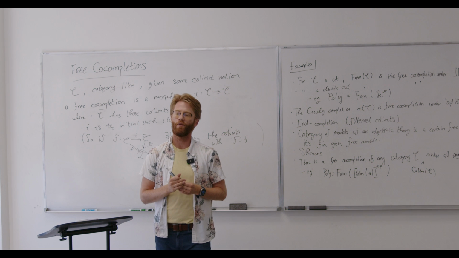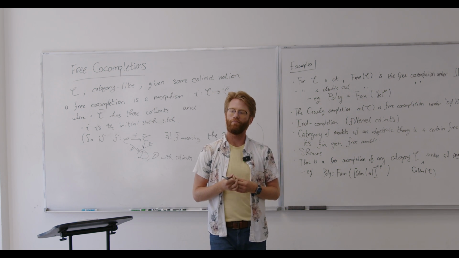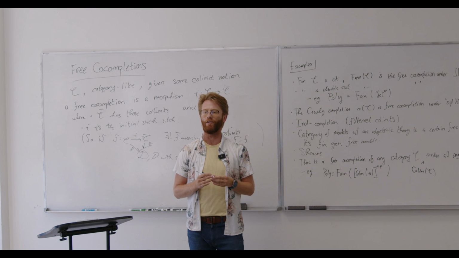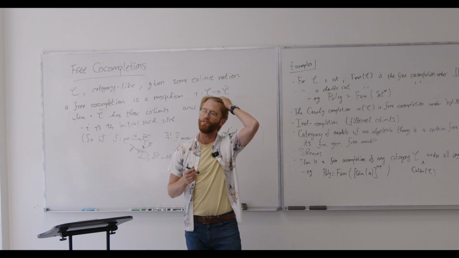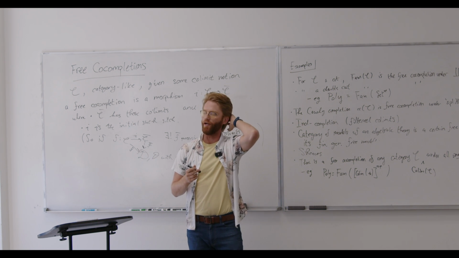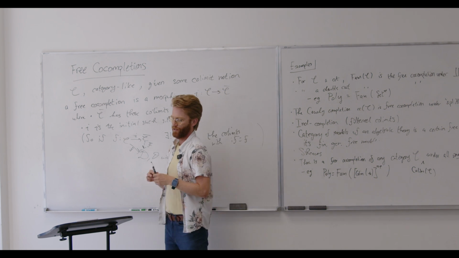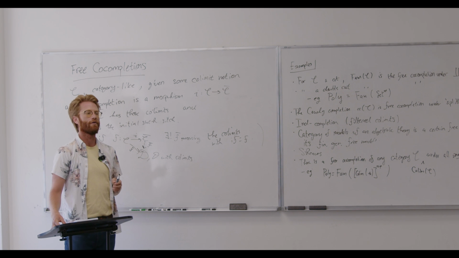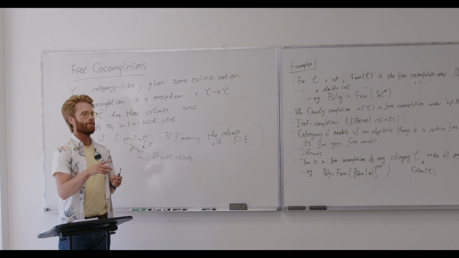Right. Nelson and co-authors have this paper about free coproduct completions of free product completions, so you can definitely also think about it in those terms. Other questions up to there?